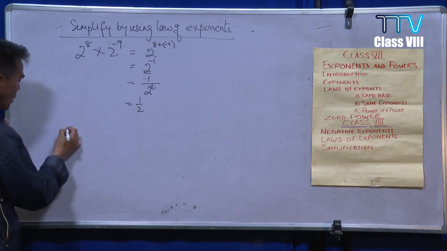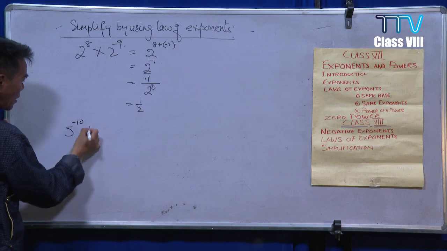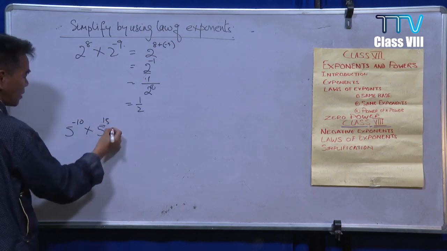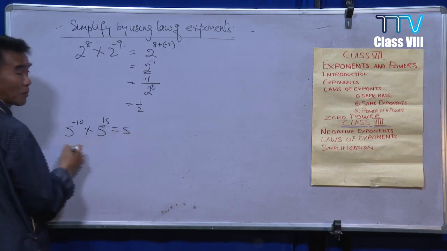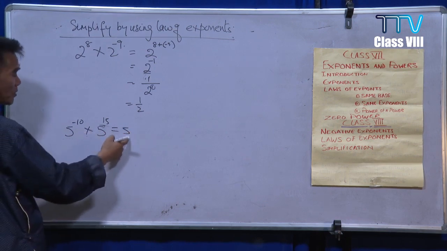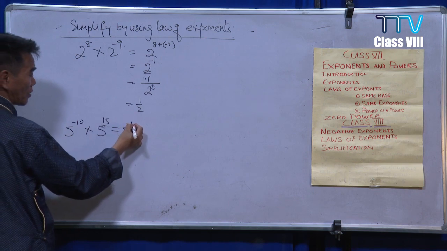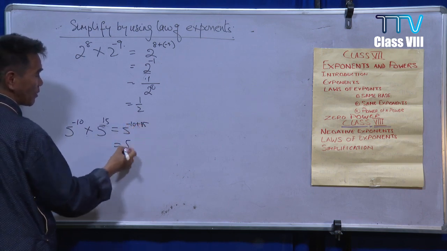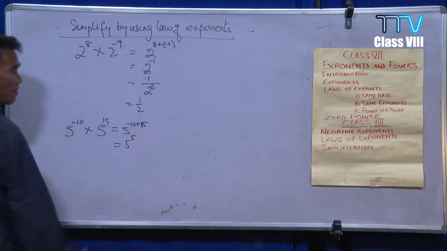Another example. Understand? 5 raised to power 3 and 5 raised to power 2. In multiplication, the base is common so the powers are added, which is equal to 5 raised to power 5.